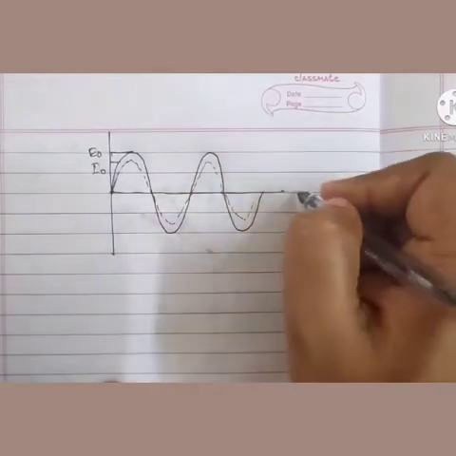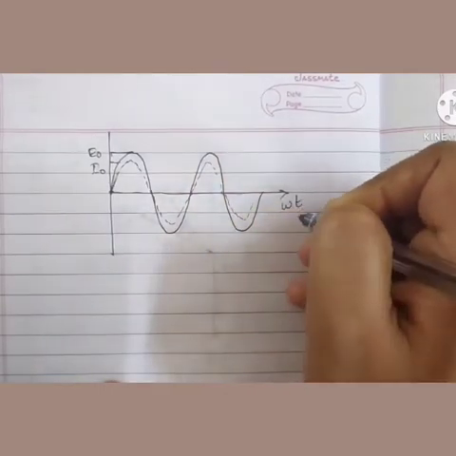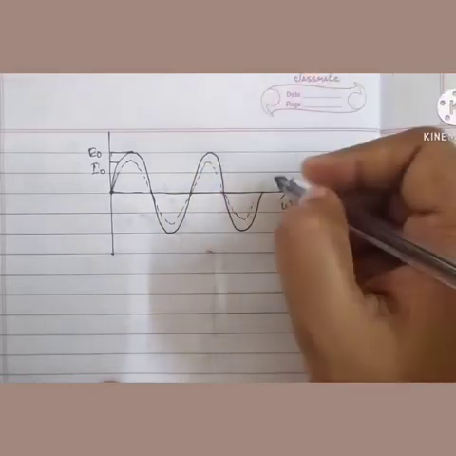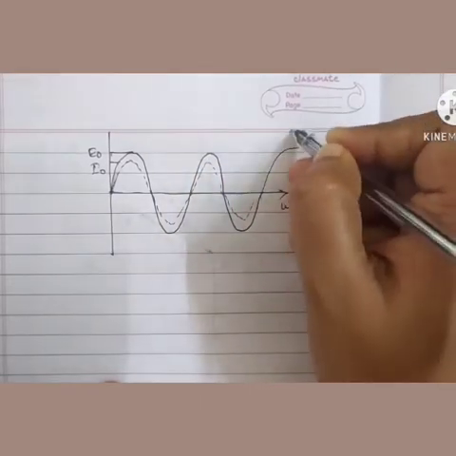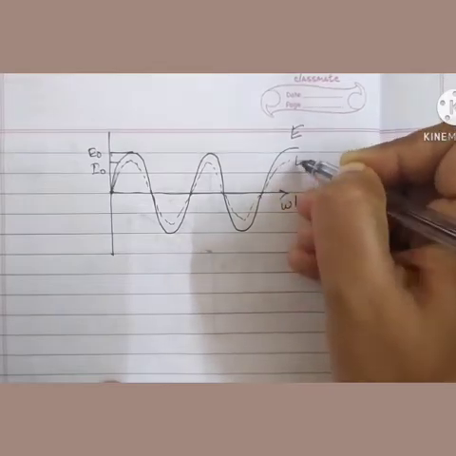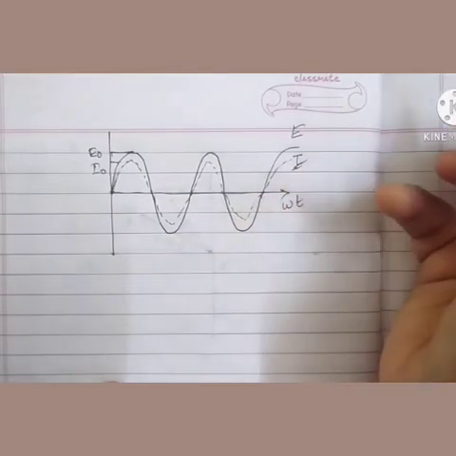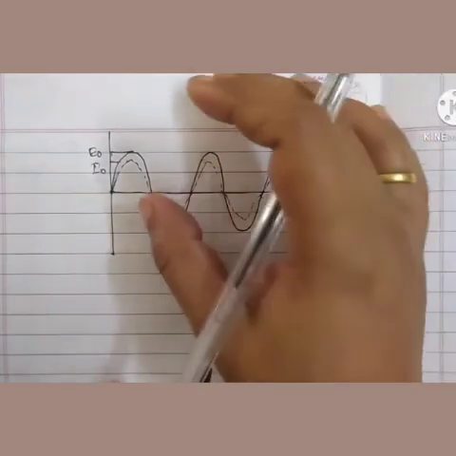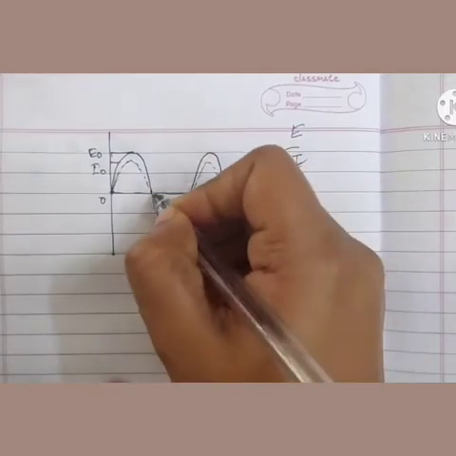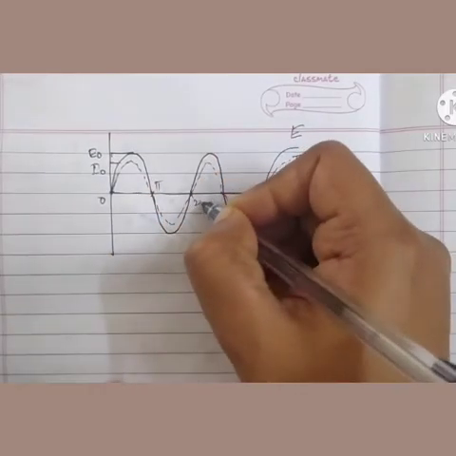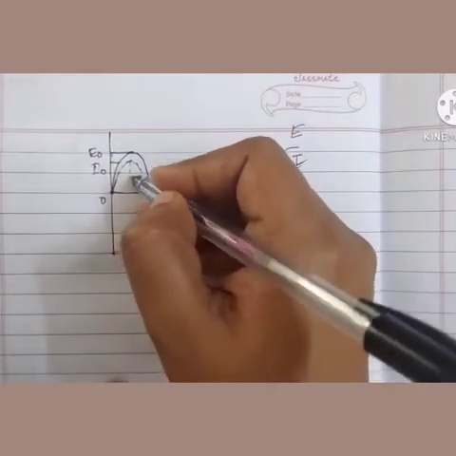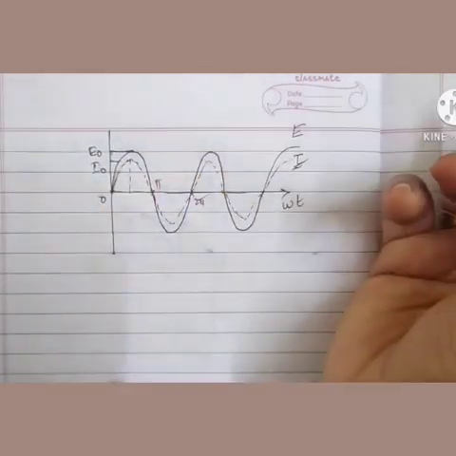Now this is omega t. So this is the graph for E and this is the graph for I. So this is the graphical representation. You know the phases, 0, then it is pi, here it is 2 pi, like that it will go.